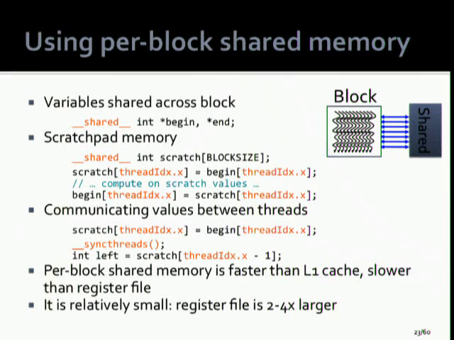Okay, so how do we use shared memory? I'm going to talk about this in great detail later, but memory considerations dominate manycore programming. So one of the most important things that we have to do when programming any of these parallel devices is think about how we're using our on-chip memory resources.